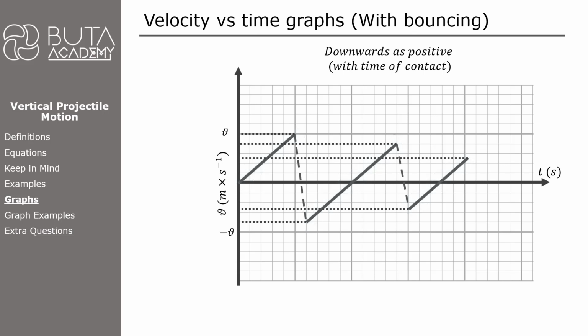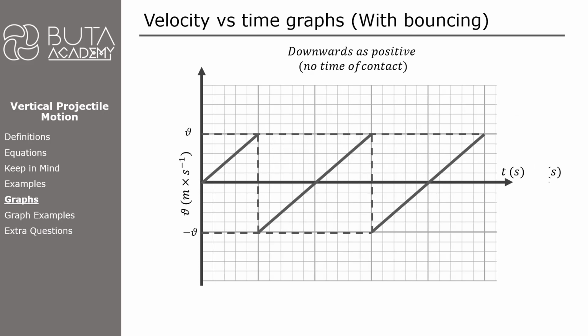Before concluding this video, let's also see how to draw these graphs when we choose upwards as the positive direction. This was the graph where we have chosen downwards as the positive direction and there was no time of contact. When we choose upwards as positive, signs of velocities will change. Positive values will become negative and negative values will become positive.